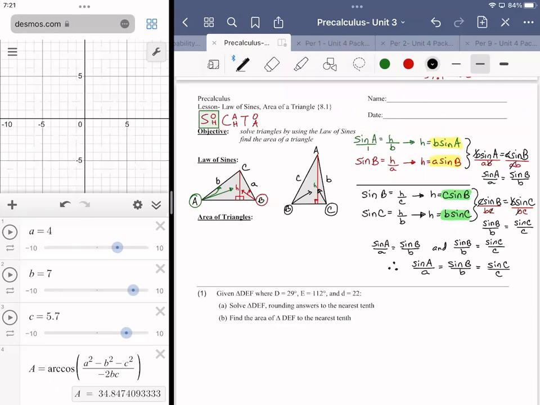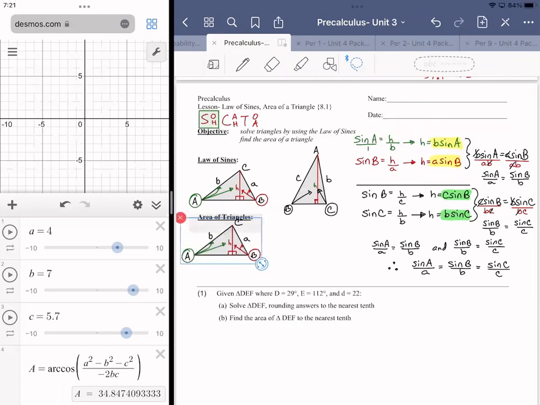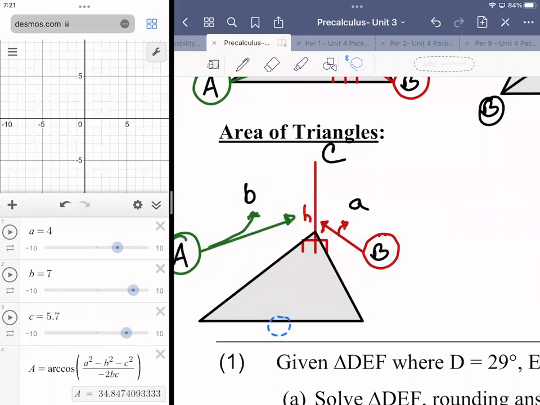All right, so if I look at just any triangle, I could go right back to this whole scenario and just get all the fluff out of here.